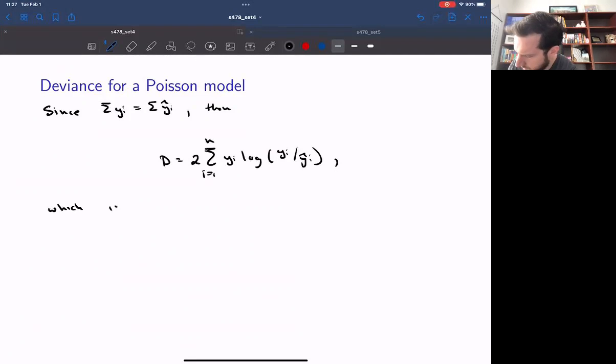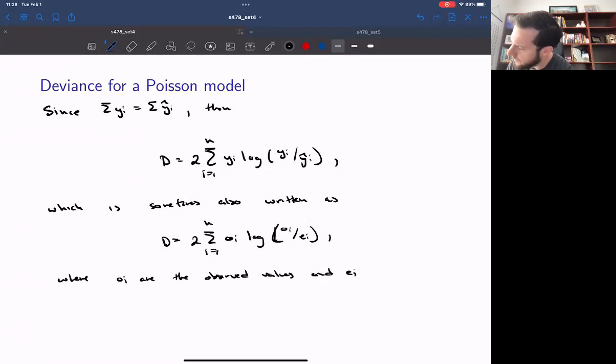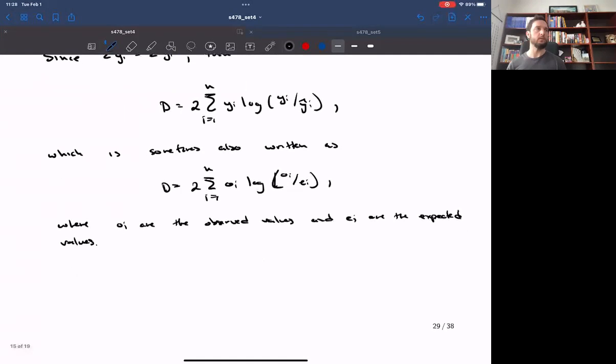which is sometimes also written as D equals 2 times the sum i equals 1 to n of Oi log Oi over Ei, where Oi are the observed values and Ei are the expected values.